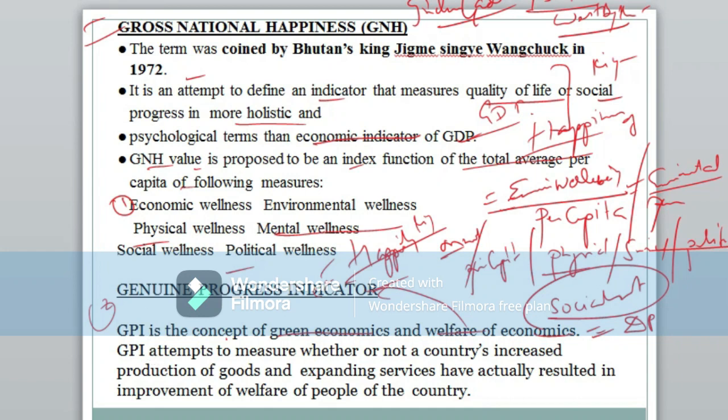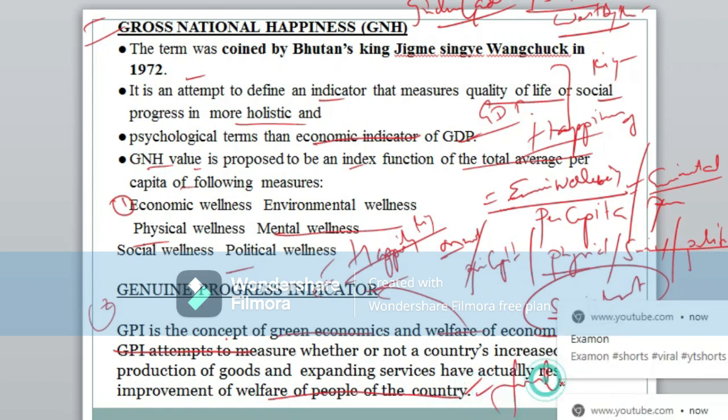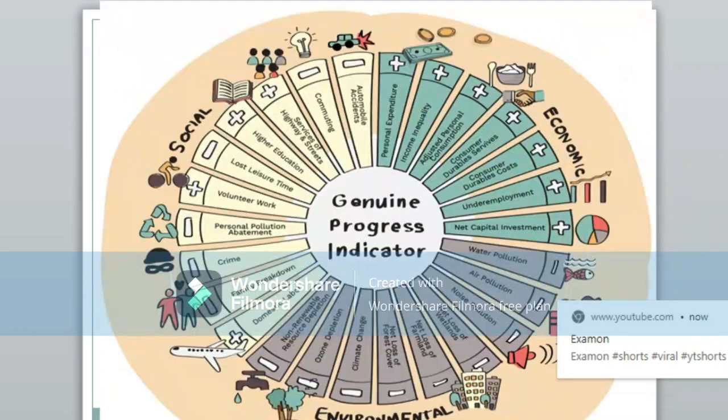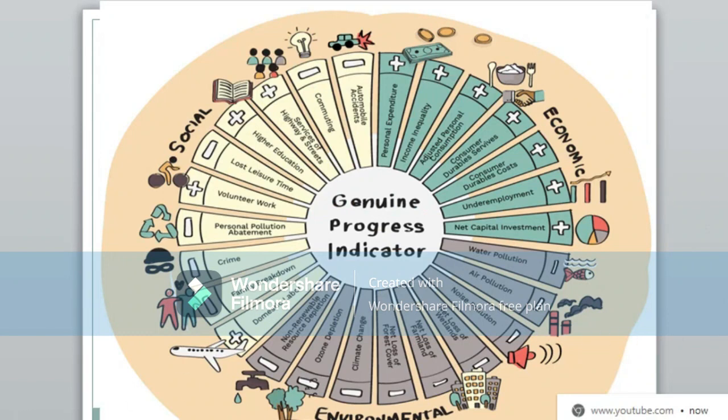At the global level it was launched by the United States, attempting to measure the country's production of goods, expanding services, and facilitating the improvement of welfare of people of a country. So facilitation of health, quality of life, and penetration of goods and services in a country is provided through the Genuine Progress Indicator.